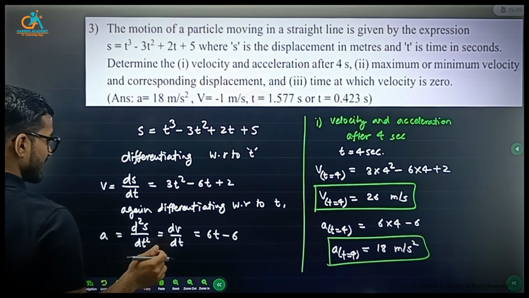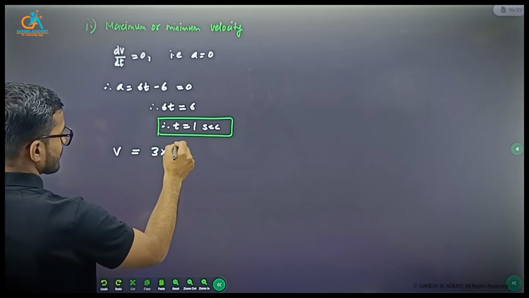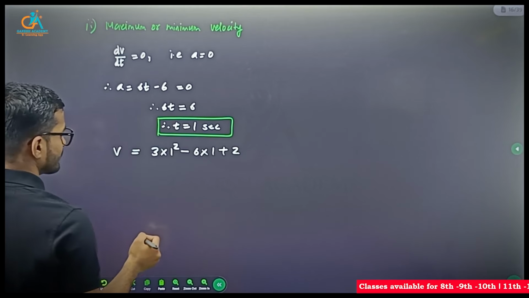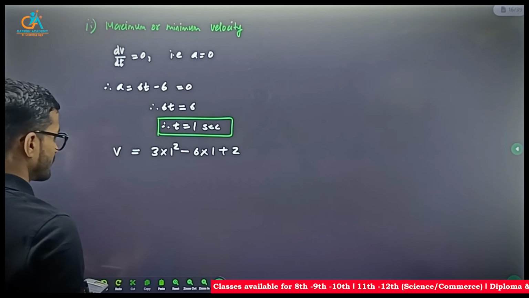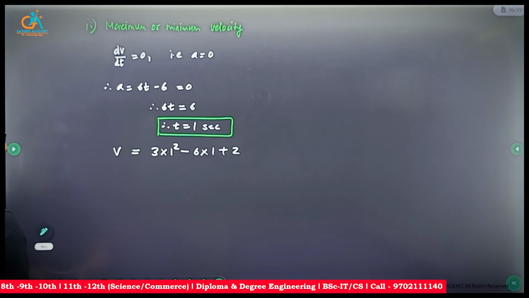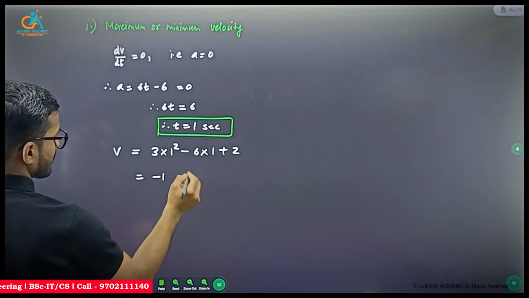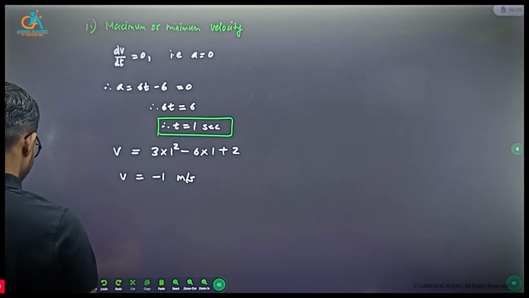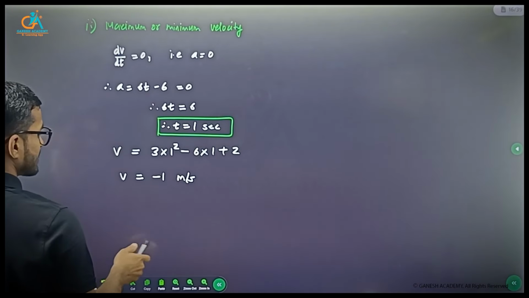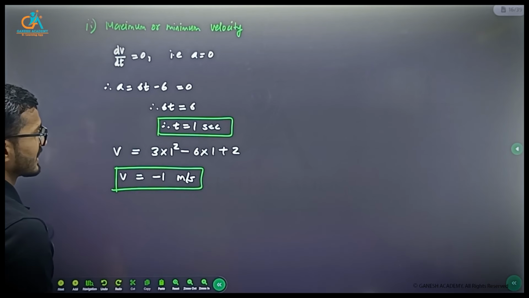The velocity function is 3t square minus 60t plus 2. So it is minus 1 meter per second. So velocity is minus 1 meter per second at this particular point.